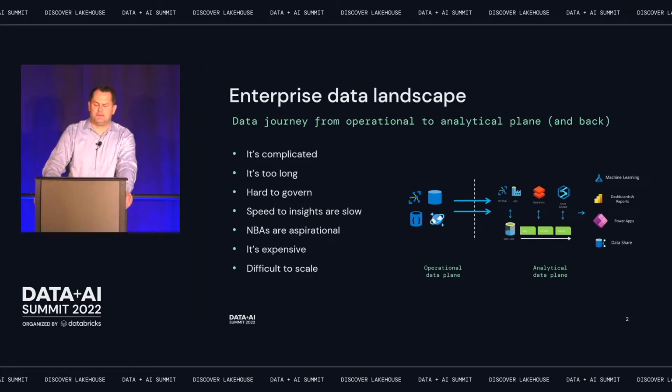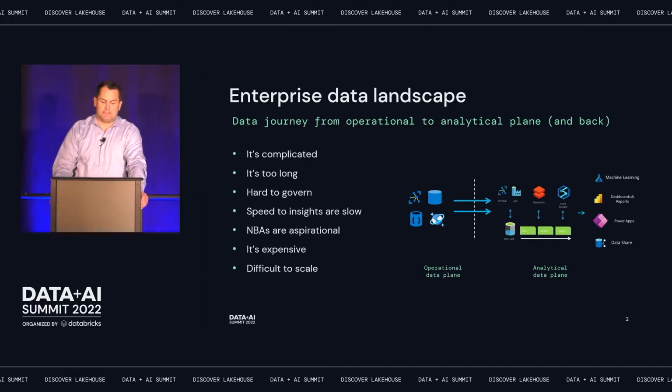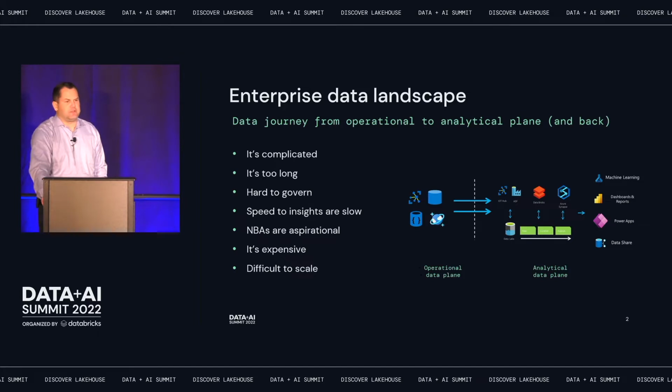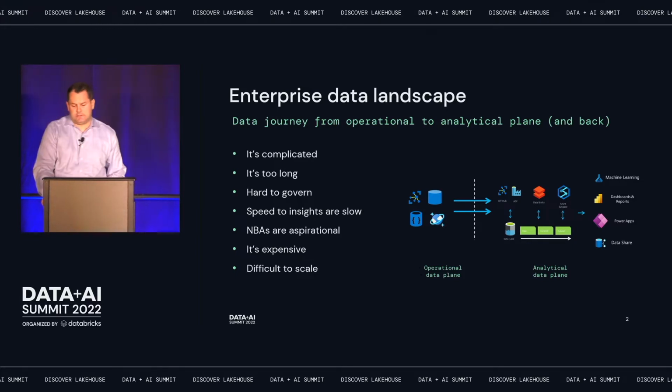Add other data sources and data at the edge. This journey from operational to analytical plane and automating decisions at scale, it's complicated, it's long, it's hard to govern, speed to insights is slow, next best actions are aspirational, and the bottom line, it's really expensive to manage these estates today, and it's difficult to scale.